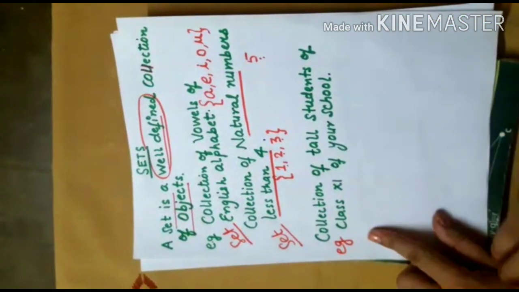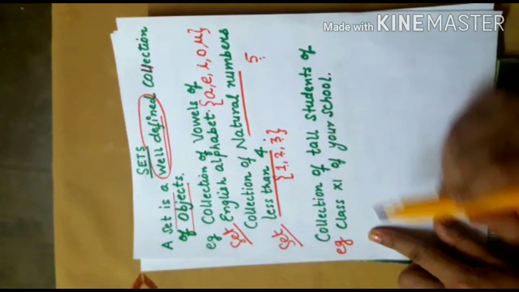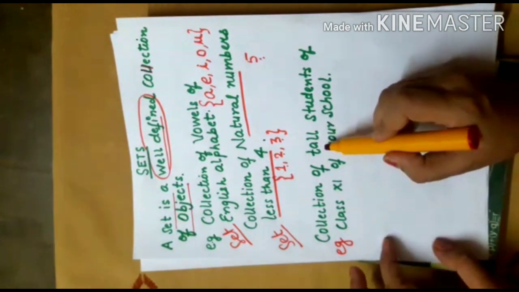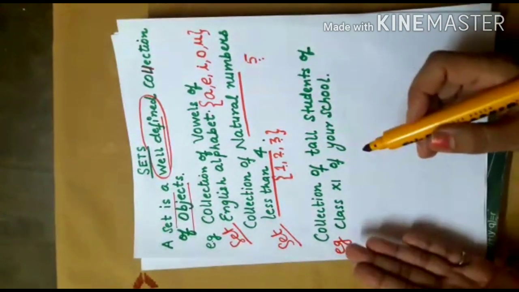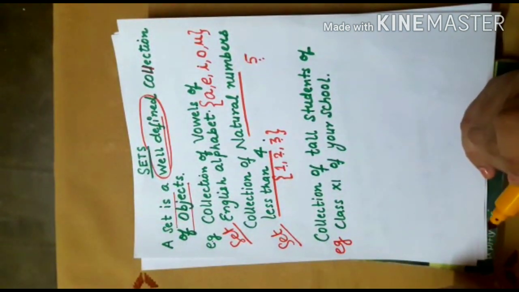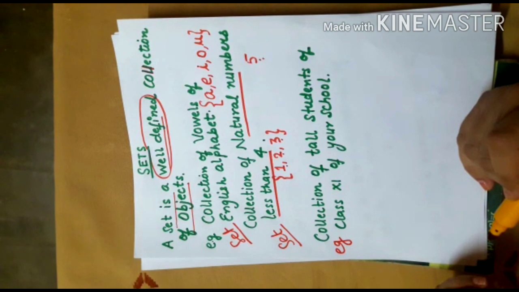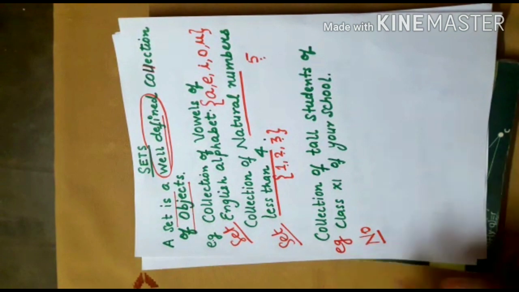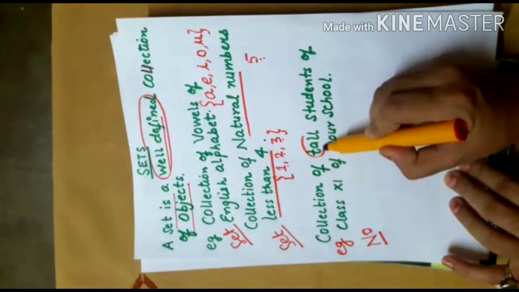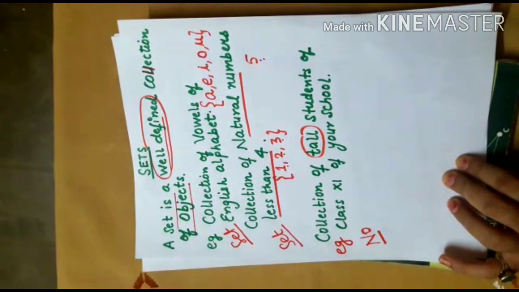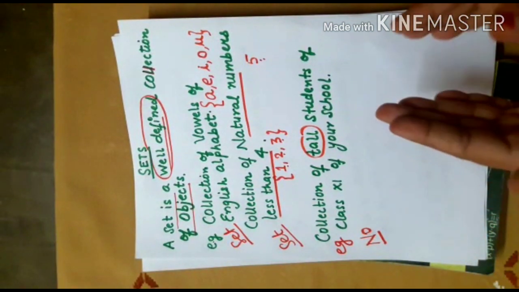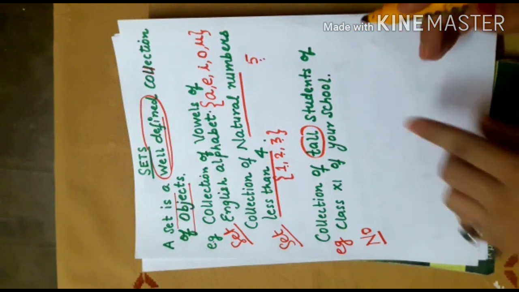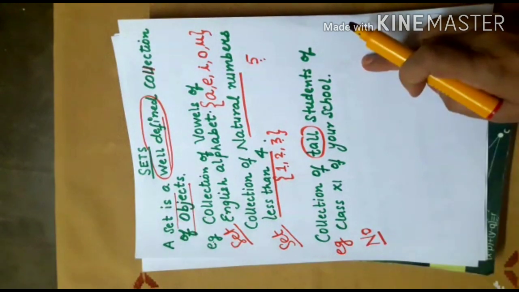Now consider another example. Collection of tall students of class 11th of your school. Is it a well-defined collection? Answer is no. Because here this parameter tall is not well defined. Because given a student, to one person, that particular student is considered as tall.